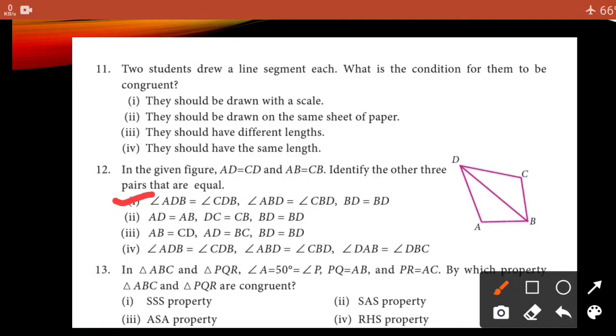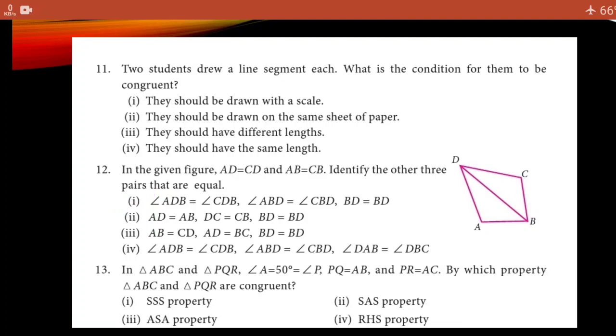But they have given AD equal to AB. That is not suitable. Okay. So our answer is first option, angle ADB equal to angle CDB, angle ABD equal to angle CBD, and BD is equal to BD. That is our answer.